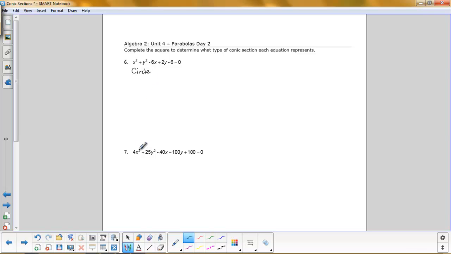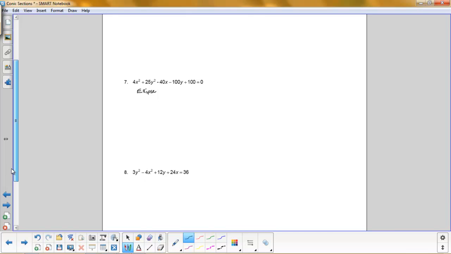Right here, I notice that the two coefficients are different, but these two are the same, so I recognize this as an ellipse. Down here, you'll notice that you've got two coefficients that are different and they're separated by a negative symbol, so that means that I've got a hyperbola.